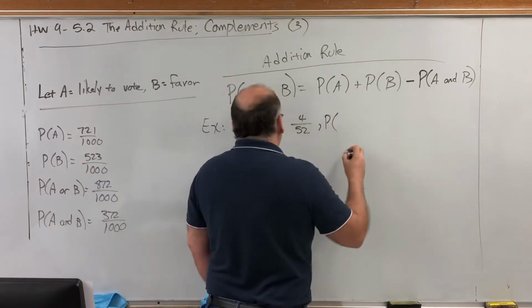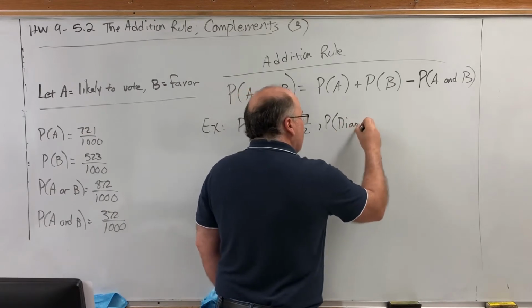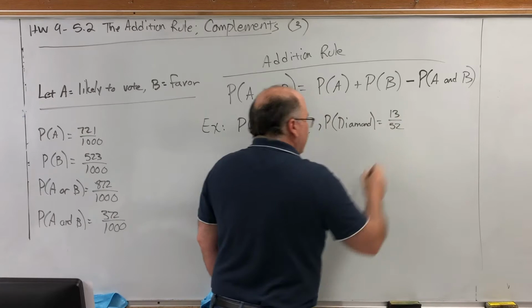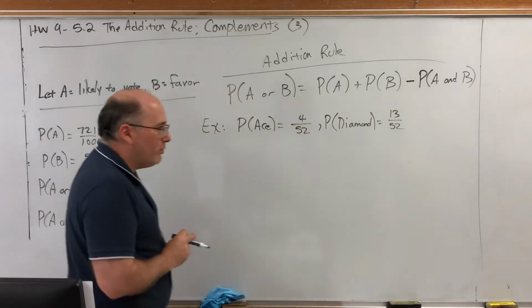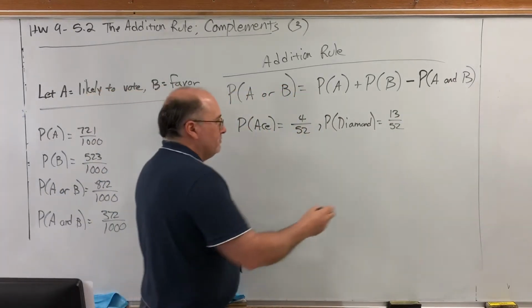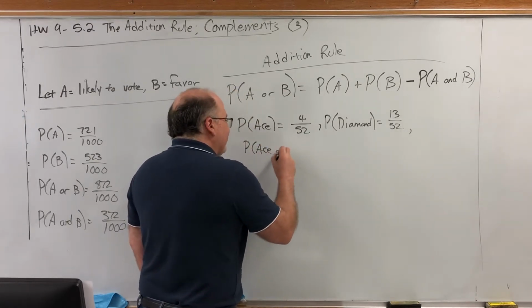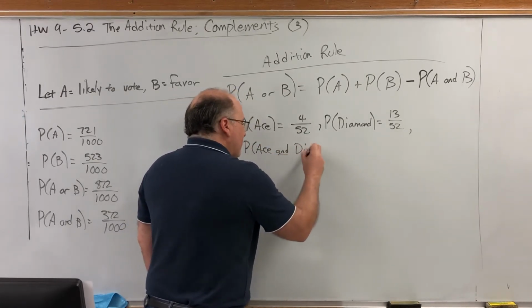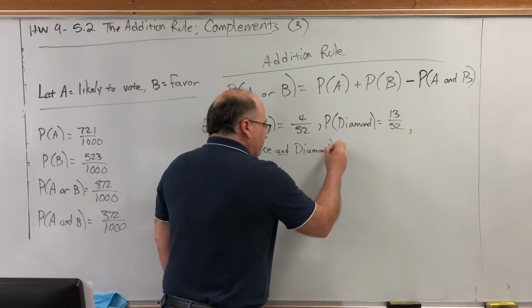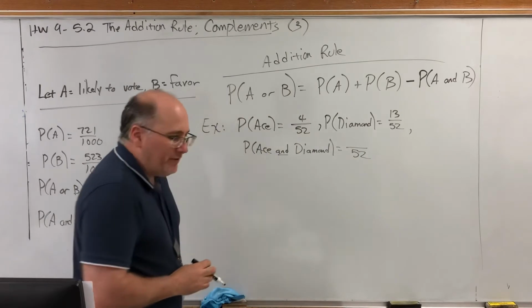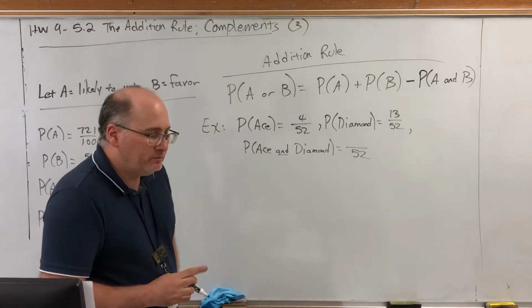The probability that you draw a diamond, there are 13 diamonds out of 52. And yes, that can be reduced, but let's leave it with the common denominator. But you also know that the probability that a card is an ace and a diamond, out of the 52 cards in the deck, how many of them are the ace of diamonds? One of them.